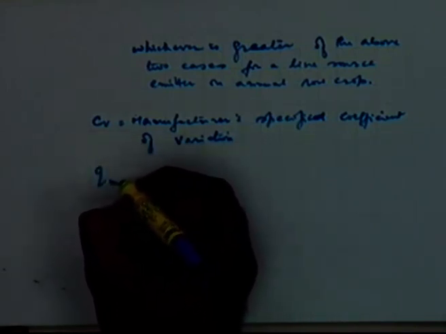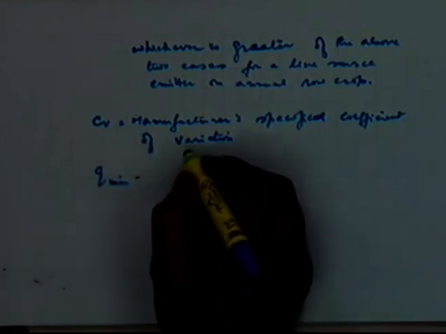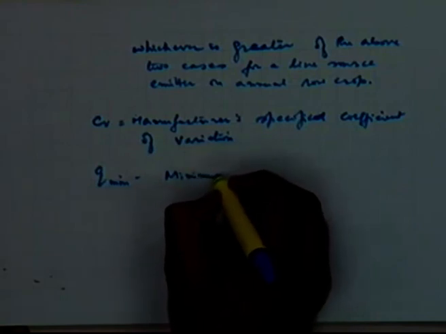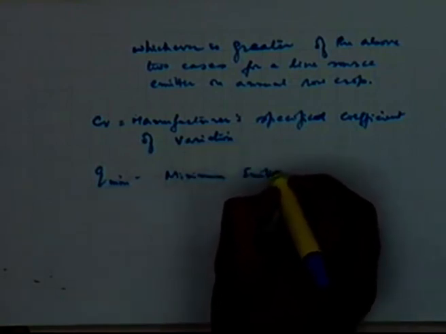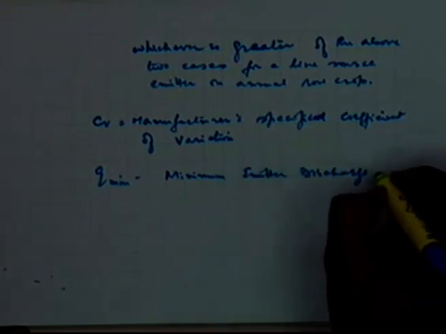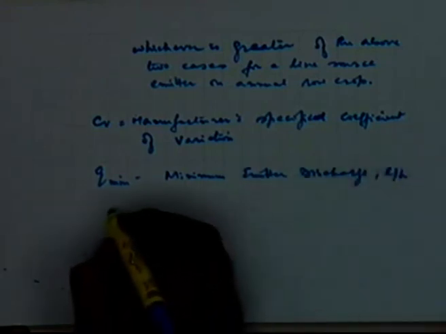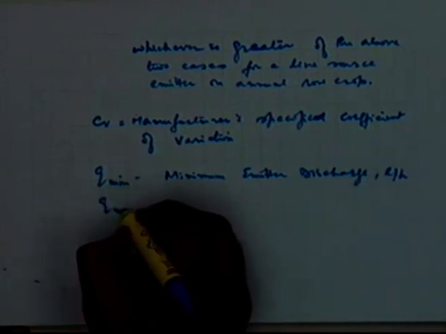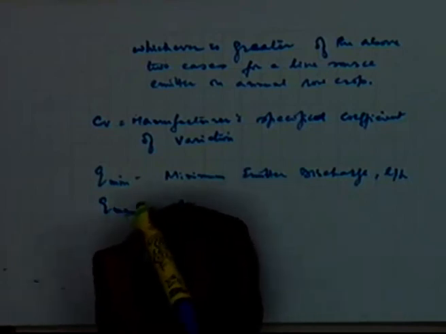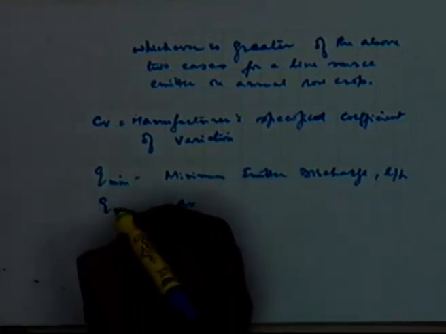Q minimum is the minimum emitter discharge in liters per hour. Similarly, we are calling it Q average.